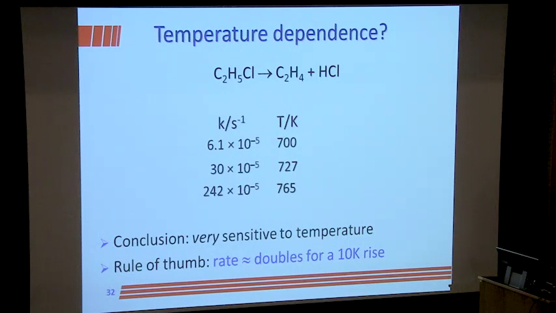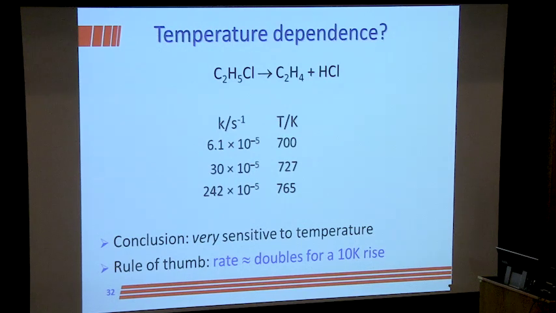It is constant at a given temperature and pressure, but it changes a lot with temperature. Increase the temperature by 27 Kelvin, and the rate changes by a factor of 5. Increase it again up to 765 Kelvin, and the rate changes by a factor of 8.